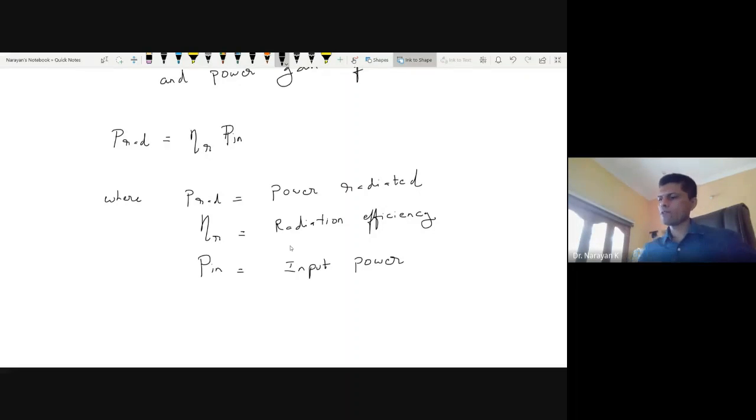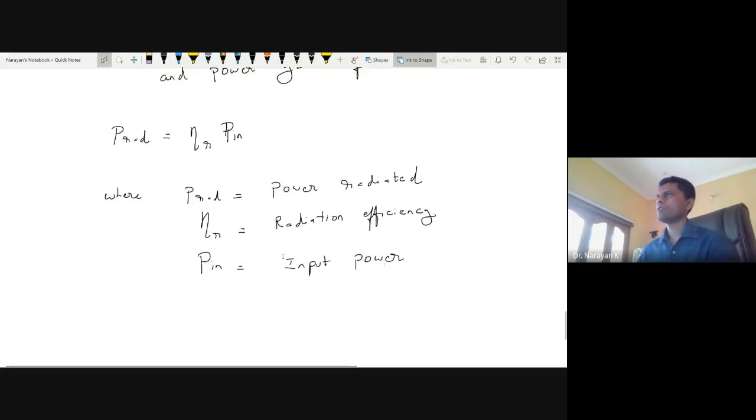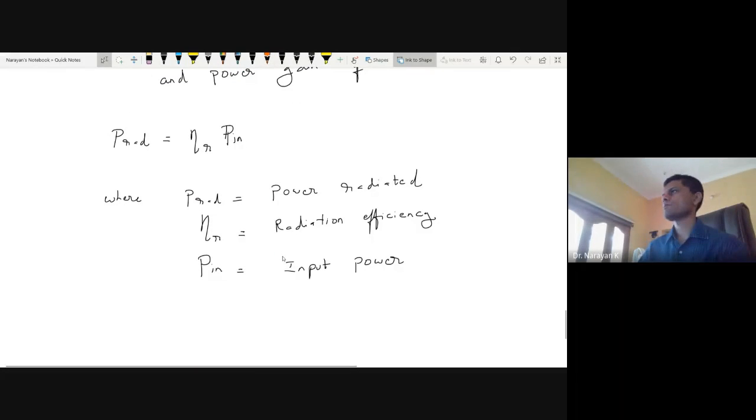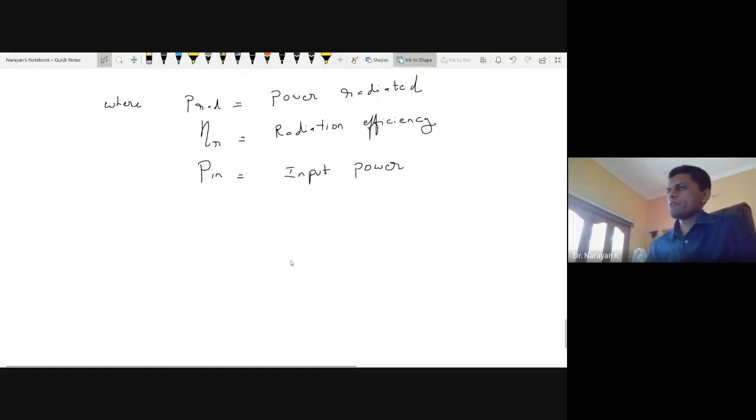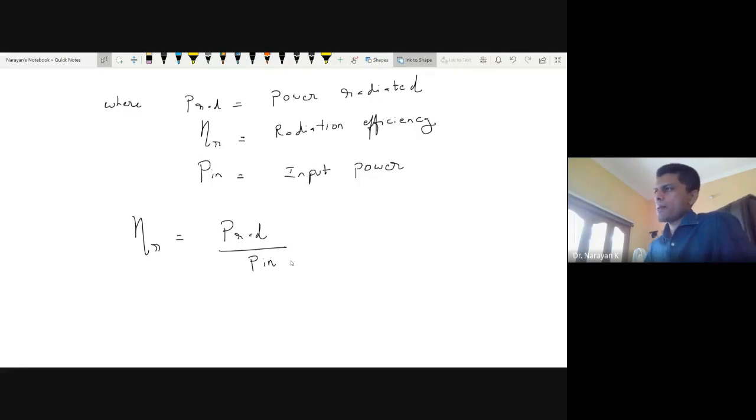Okay. Now, suppose I call this equation 1. So your radiation efficiency is equal to power radiated by input power, P in.